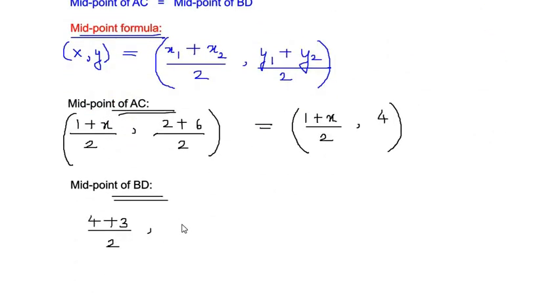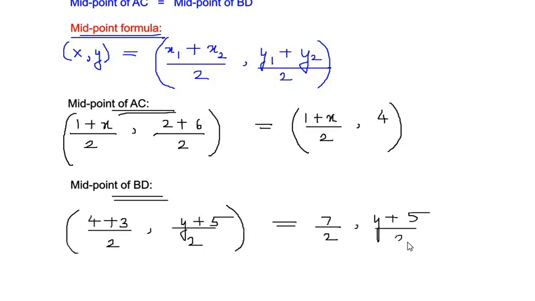So we write it over here as y plus 5 over 2. This is the midpoint of BD and we can simplify this further by adding the two numbers. So we have 4 plus 3 as 7. So it becomes 7 over 2, comma, y plus 5 over 2.